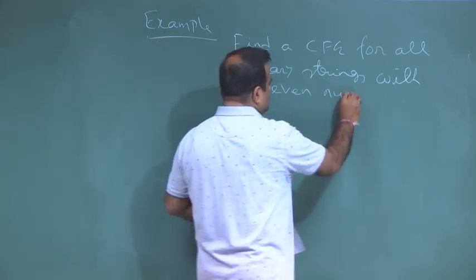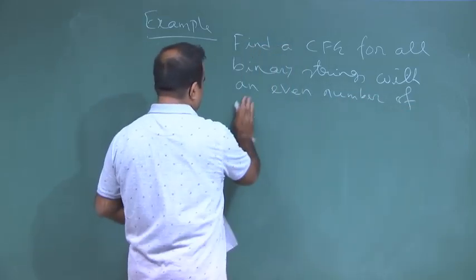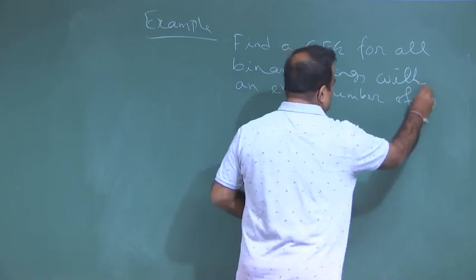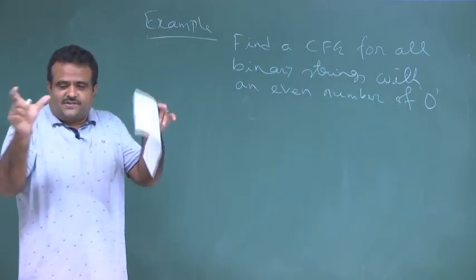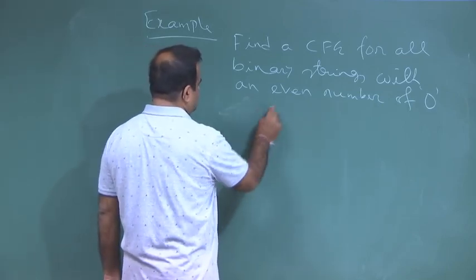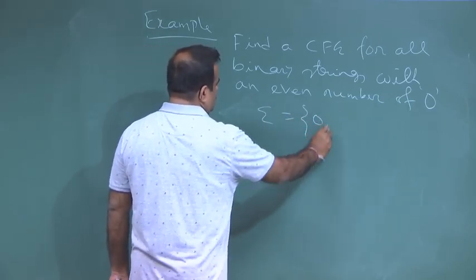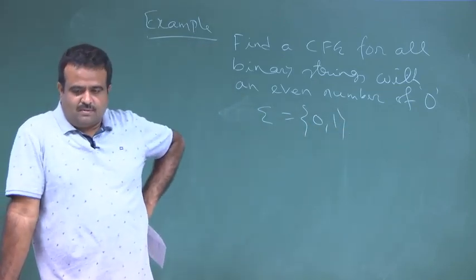We just take a string of 0s and 1s. So here T, I mean sigma, is {0, 1}. The input alphabet is the binary alphabet.